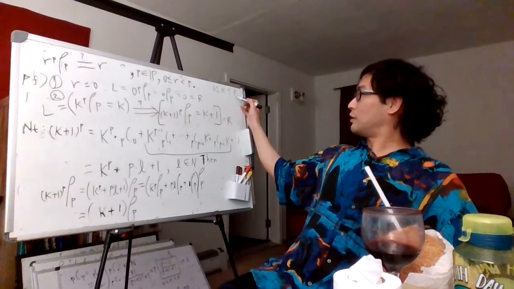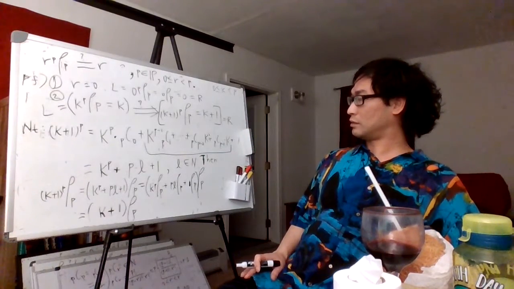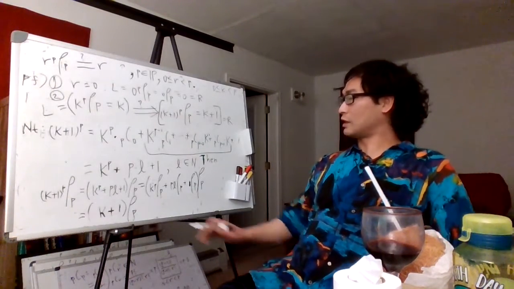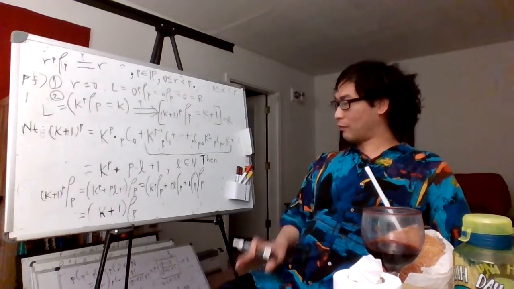K is less than P, but K plus 1, it could be P. Can we just get rid of this rho P? I don't know.